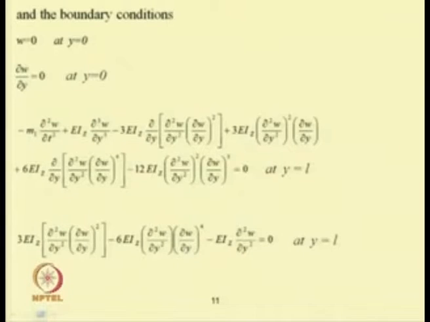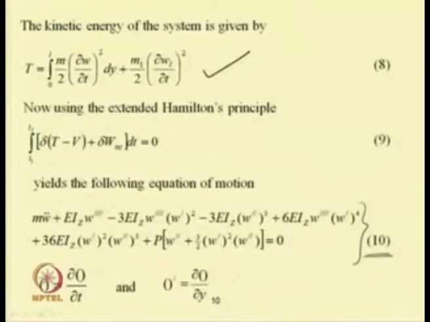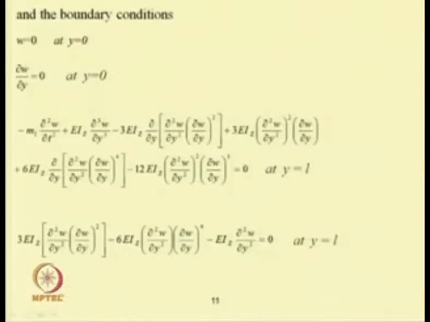To apply the Galerkin method, we should find the eigenfunction or shape functions of the system and the time modulation. This is the equation and these are the corresponding boundary conditions.